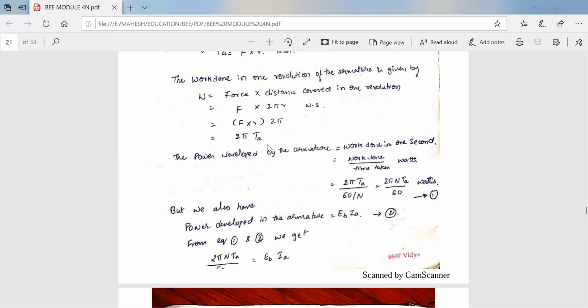This equation is also used while solving problems. If the power is given, we can directly use this equation, that is P equals 2 pi N into Ta divided by 60.